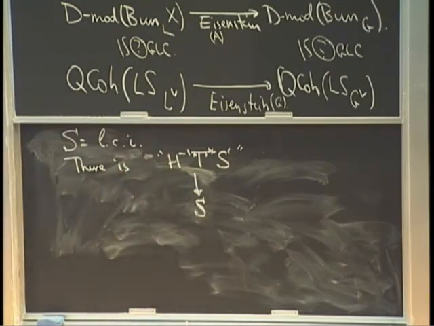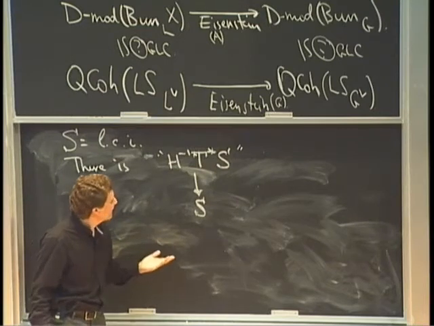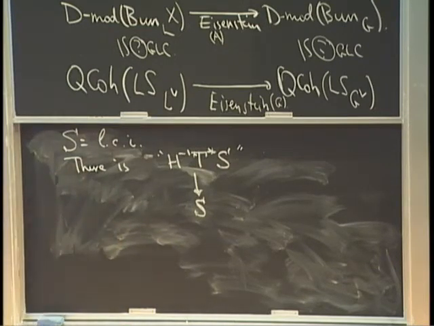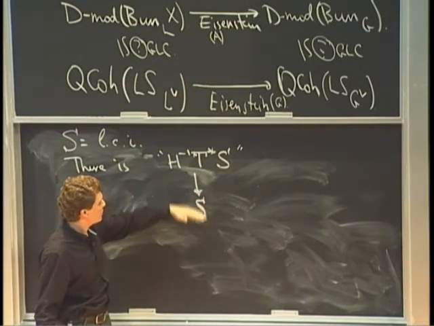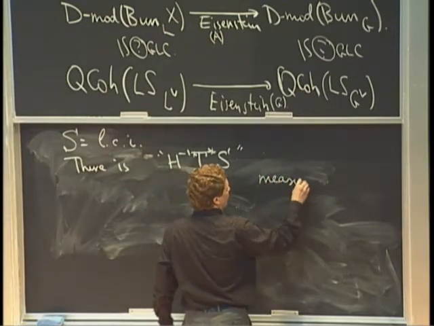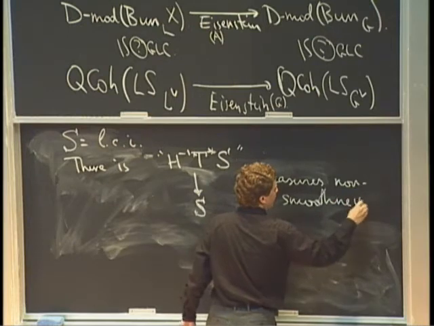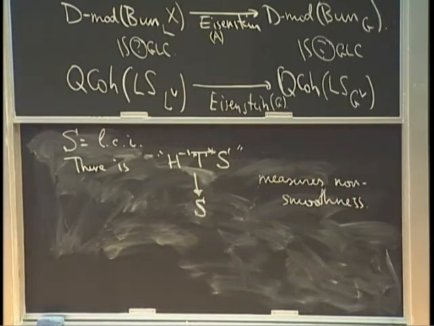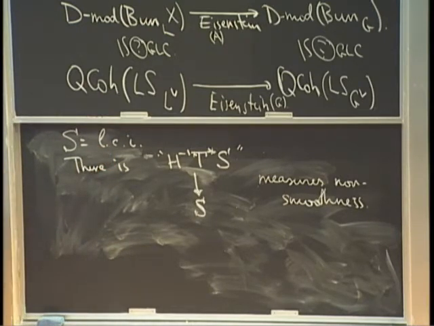And somehow the point is that at smooth points, there is the cotangent space. There is no derived cotangent space. It's purely degree 0. So in other words, you can say that this guy somehow measures non-smoothness of S. And the reason why I require S to be a local complete intersection is because this is somehow the next best thing after being smooth.